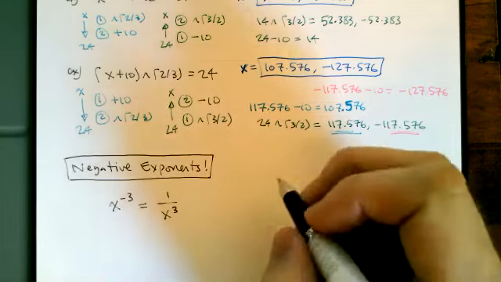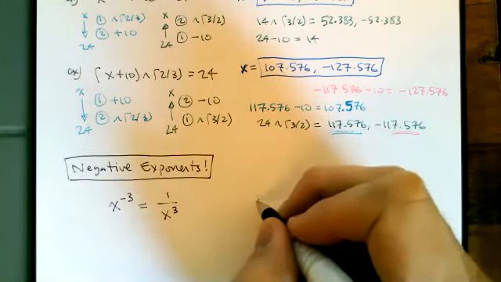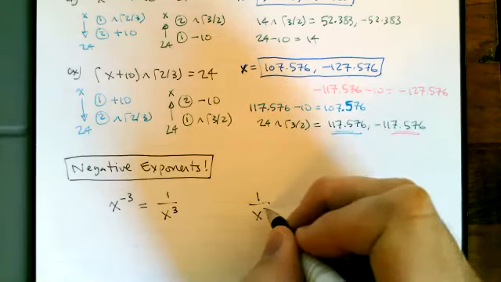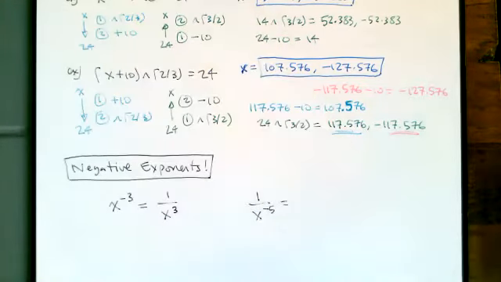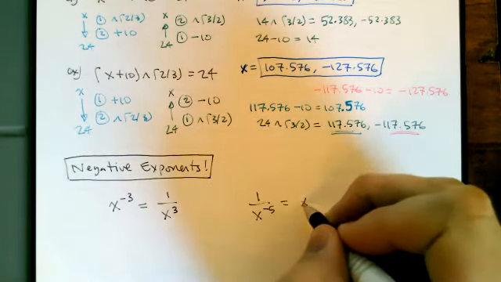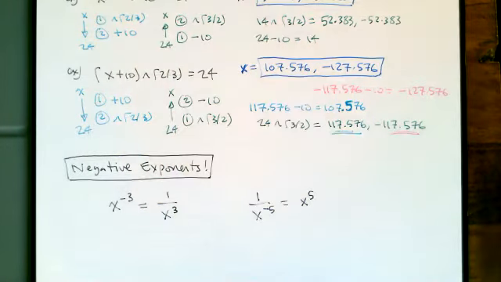Also, if I see a denominator with a negative exponent, 1 over x to the -5, a negative exponent in the denominator is a positive exponent in the numerator. This is what we mean when we write negative exponents.